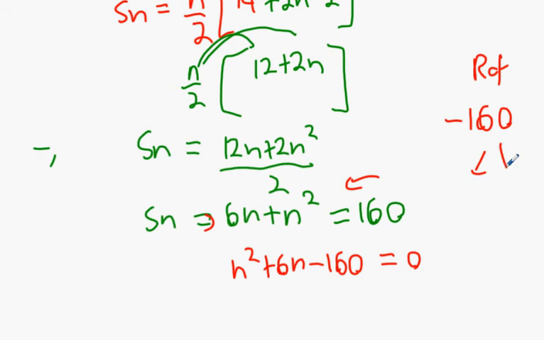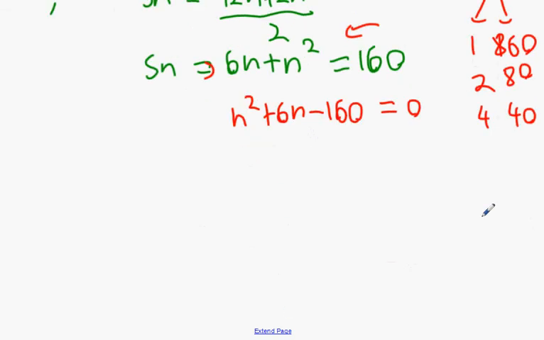Pick two numbers. Start small. 1 and 160, no good. 2 and 80, no good. 4 and 40, not really any good either. Keep going. 8 and 20. I know, I'm working my way up to 10 and 16. I'm just showing the logical progression towards it.